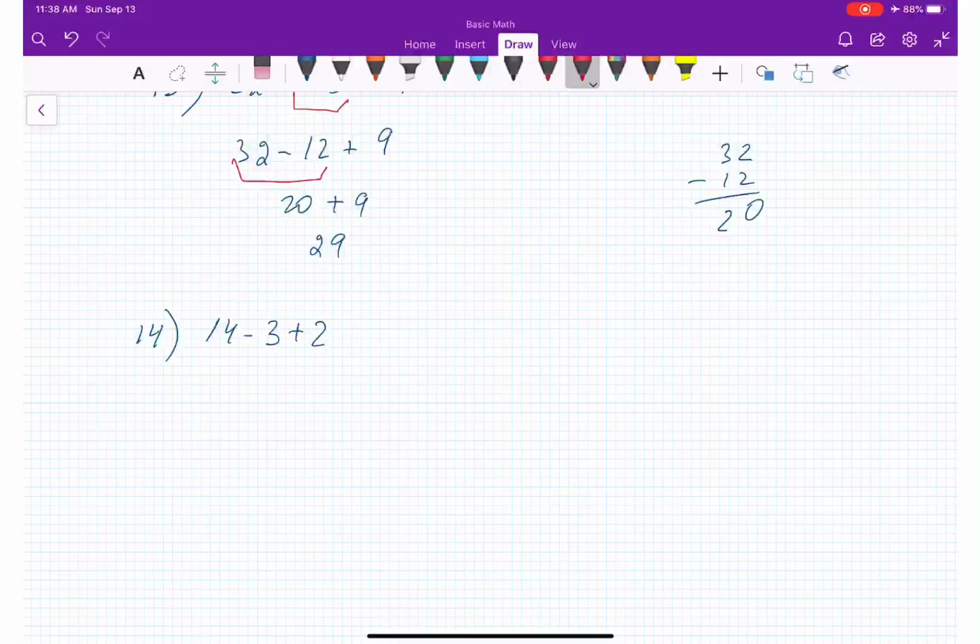First operation, 14 minus 3. It's going to be equal 11 plus 2. And the solution is 13.